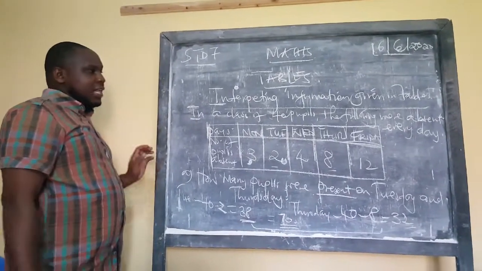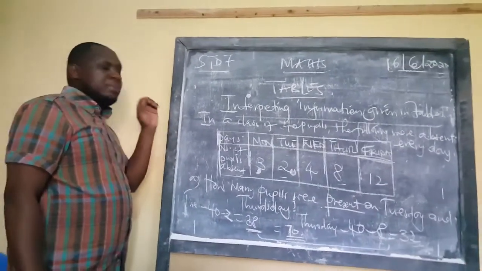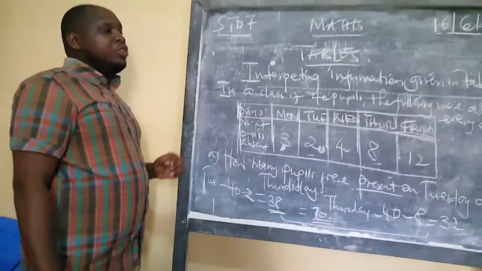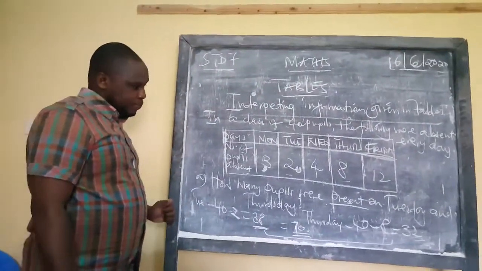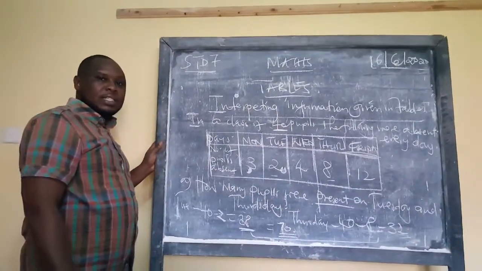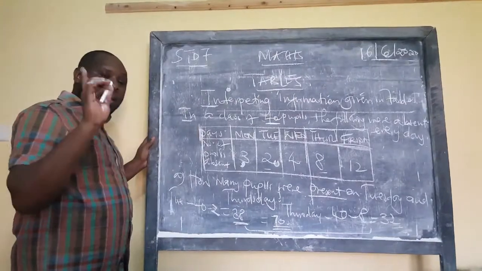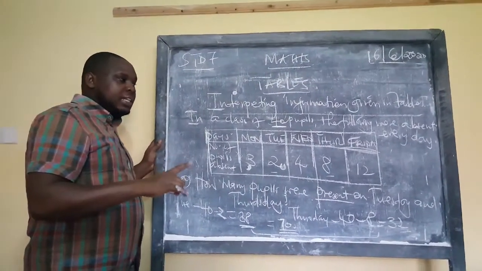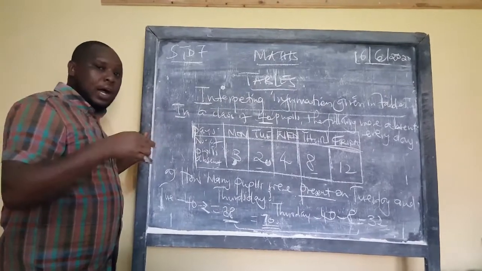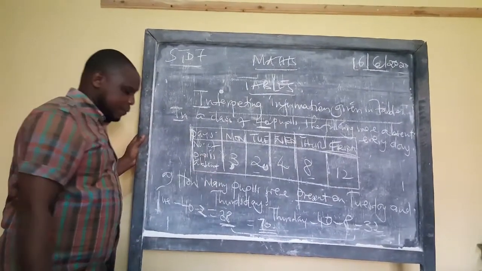So learner, this question comes as question number 49 or number 50. It's a very tricky question. You must find it there in an exam. Talking about 40 pupils in a class, showing you the total population of that class. Then they give you the ones that are absent. Then you are required to find those who are present. This is how you do it.